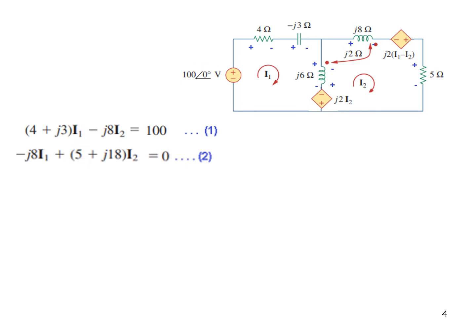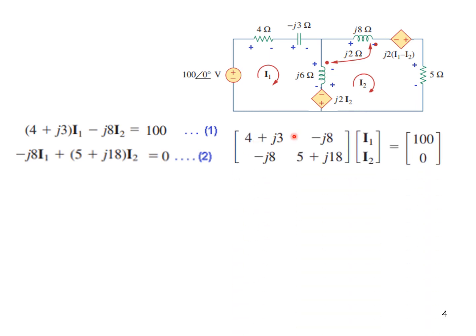Now there are several ways that you can solve. You can take the value of I1 from here and put it in here, or you can take the value of I2 from one equation and put it in the other. But I think the easiest way here is to follow the matrix formation.